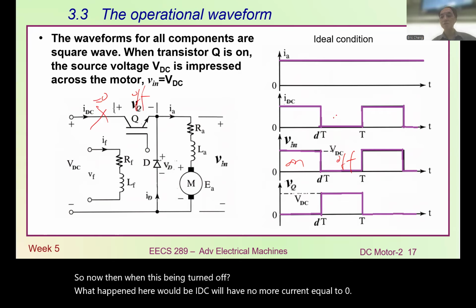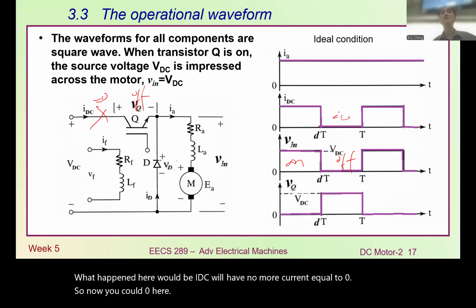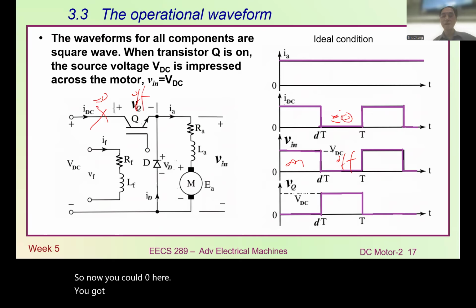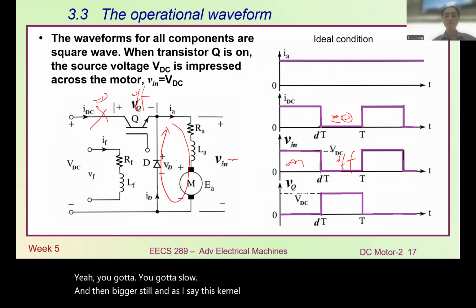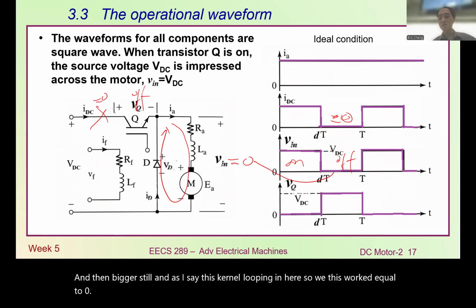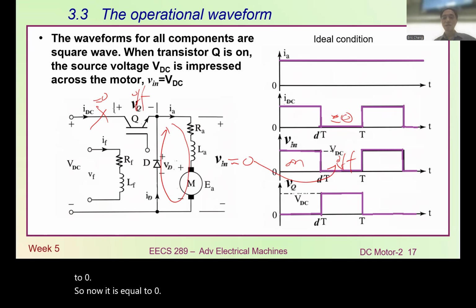Because the current is 0, and I say this current is looping in here, this voltage equals 0. And then when this is 0 volt, this equals VDC here.